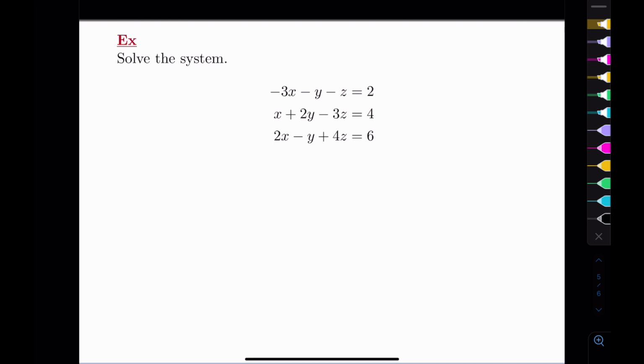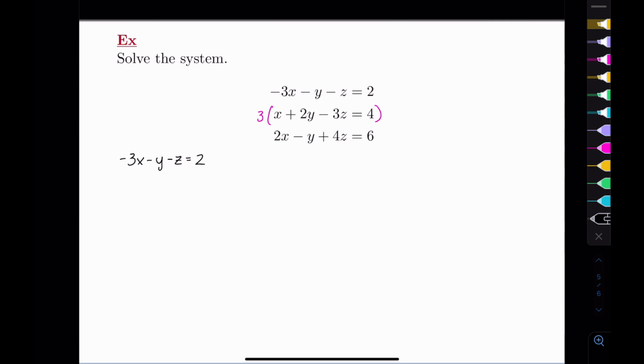I'm going to eliminate my x value again using this x here because it's very easy to manipulate to get it to be the same value in front of the first equation and the second equation. So the first thing I want to do is take this equation and multiply it by 3, so that these two are opposite in signs. When I do that, my first equation is still the same.